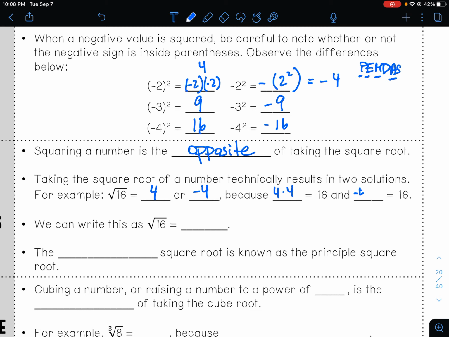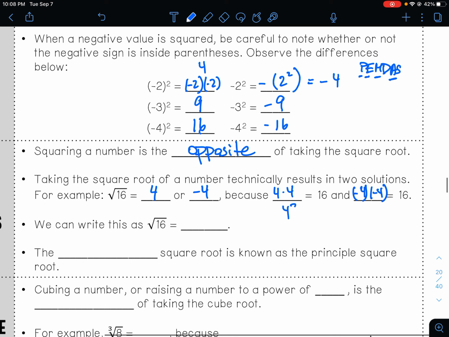Because if you think about it, 4 times 4 equals 16, but also negative 4 times negative 4 also equals 16. I could have also written 4 square or negative 4 square. So they both equal 16. So the square root of 16, if you ask what number times itself equals 16, you would say 4, because 4 times 4 equals 16.